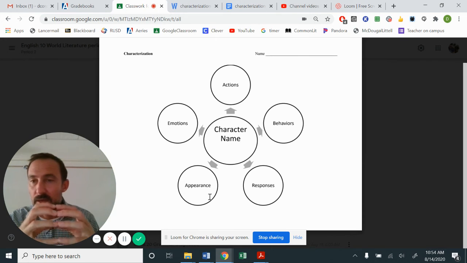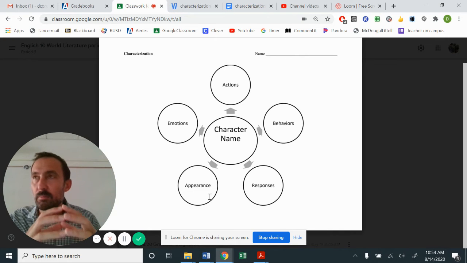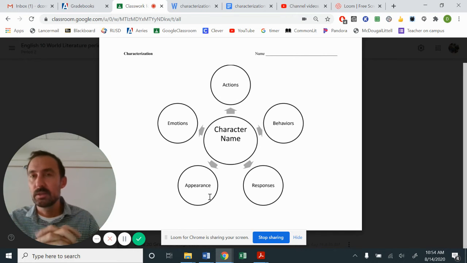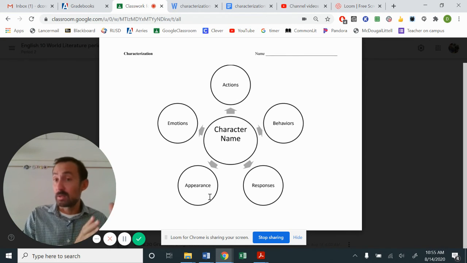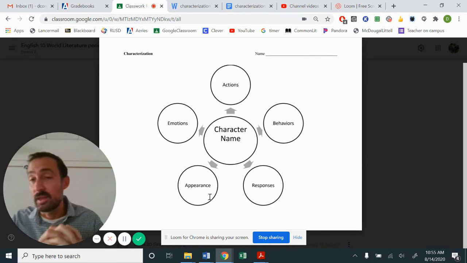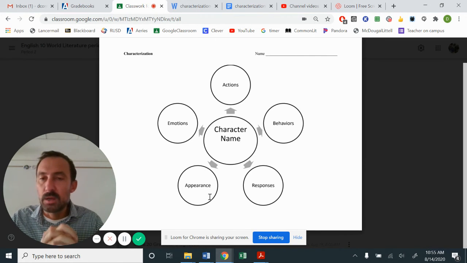The way that characters are crafted, like Aslan from The Lion, the Witch, and the Wardrobe, his appearance looks very purposeful, a lion, to communicate his behaviors, his emotions, his actions. Some of you have read The Outsiders. There's a lot of appearance in there for how the characters look, and that connects with how they respond, because they look different than others. So mark down what their appearance is.